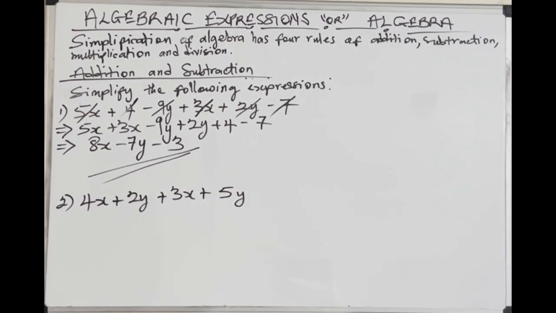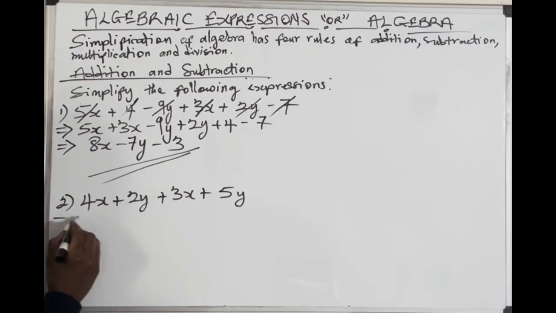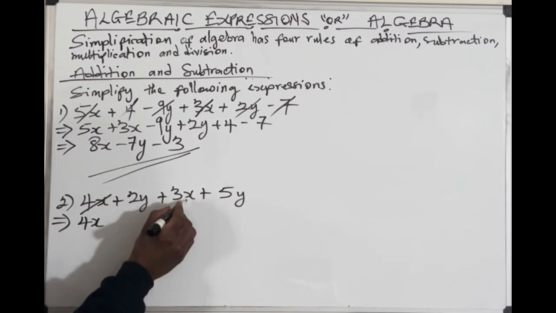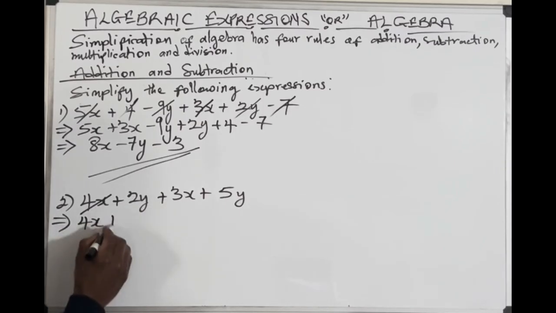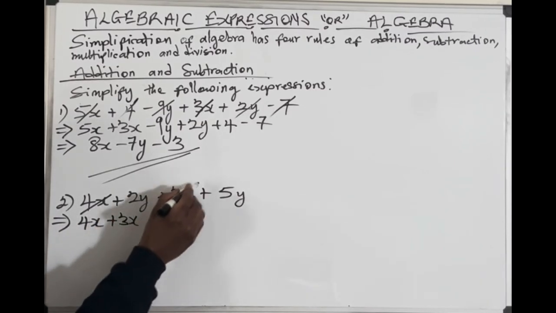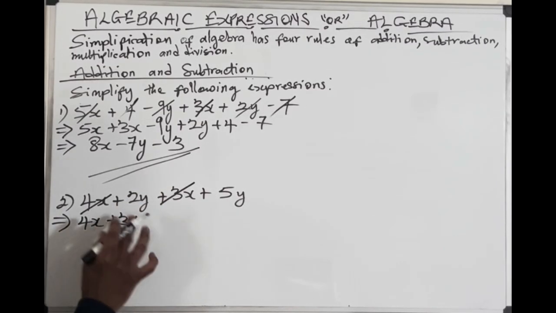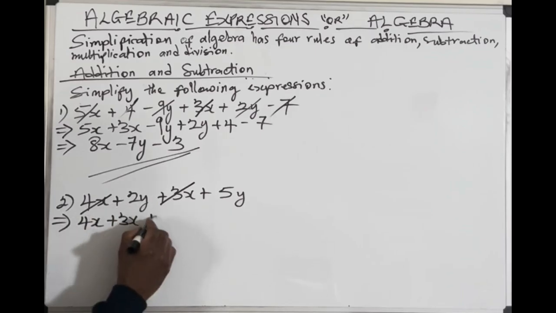Okay, so we have the second question here. The same process. We are going to group like terms. We have 4s. We have plus 3s. We cancel plus 3s. Okay. All right. We have plus 2y.